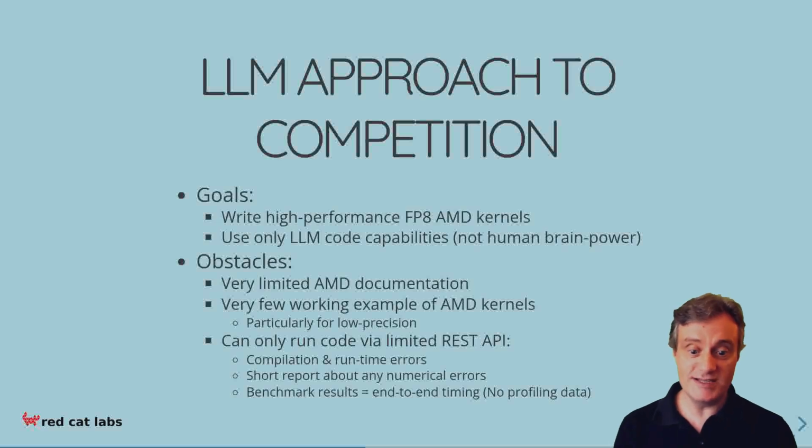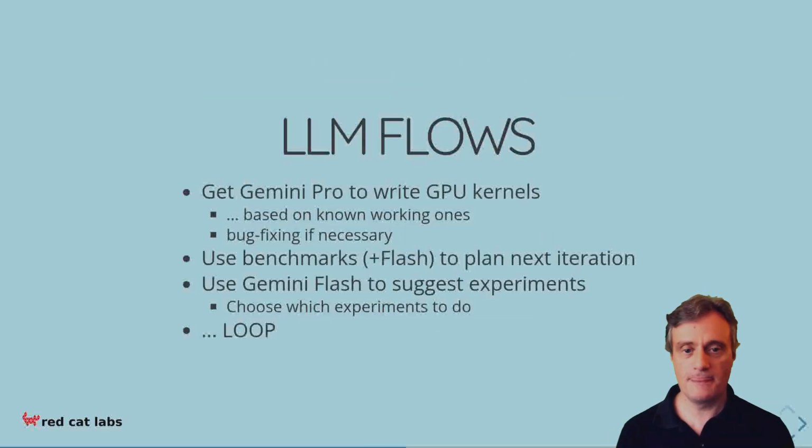You can also get runtime errors and an assessment of numerical goodness. And you can also run a benchmark. But the benchmark is not a profiler. The benchmark was just end to end: did this code run quickly? And so you get a number in microseconds about how fast these run.